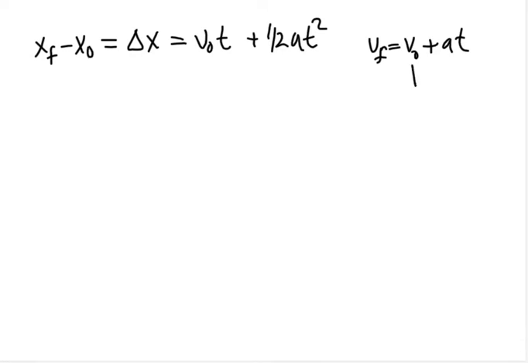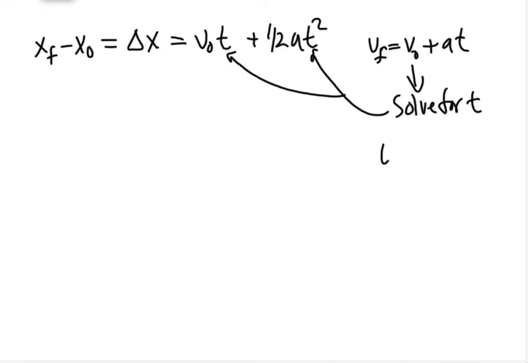Now the third equation just comes from eliminating t. So we're going to solve this for t, and then substitute that into t over there, and then simplify the resulting mess. So we solve this equation for t, and t will simply be the change in velocity, final minus initial, divided by the acceleration a.